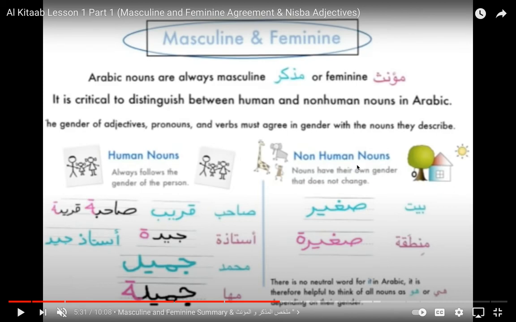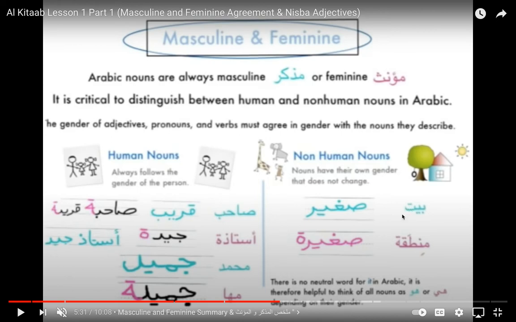Noun with non-human nouns. Specifically, I will focus on things. Like here we have a tree, a house. So a house in Arabic is bait. Keep in mind that this is a ta, but it's not a ta for feminine.